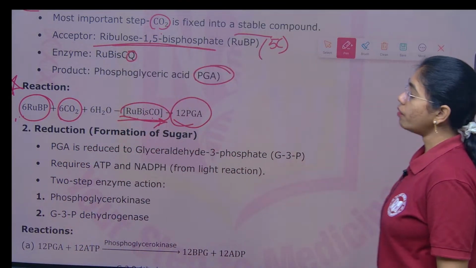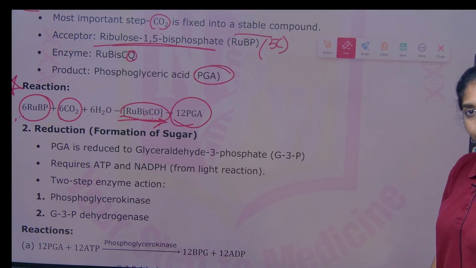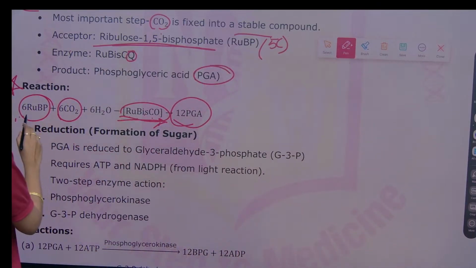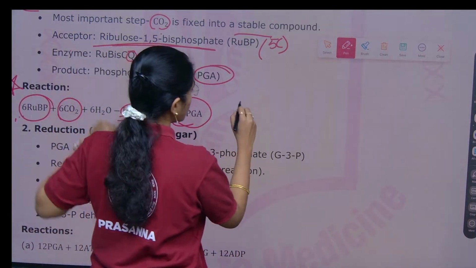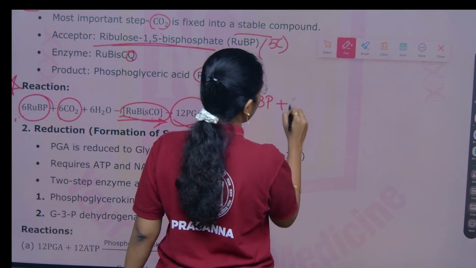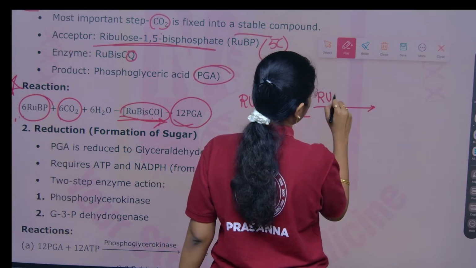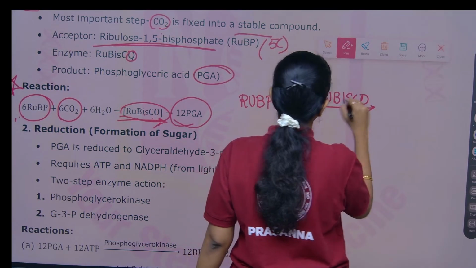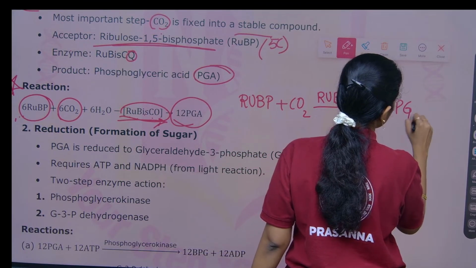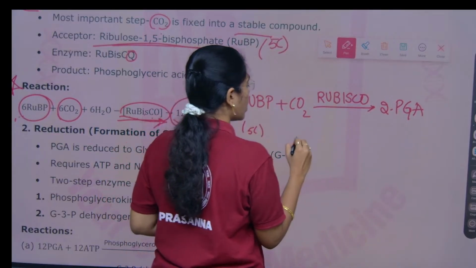If you are mentioning only a single carbon dioxide, then you write 1 RuBP plus carbon dioxide, in the presence of Rubisco, forms 2 phosphoglyceric acid, as this is 5 carbon and this is 1 carbon.